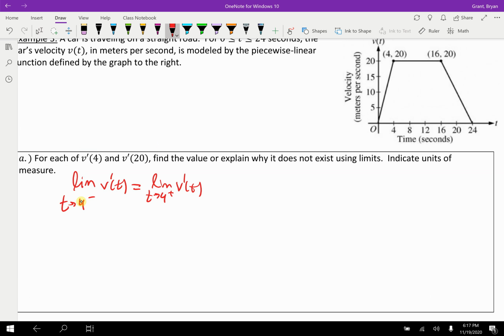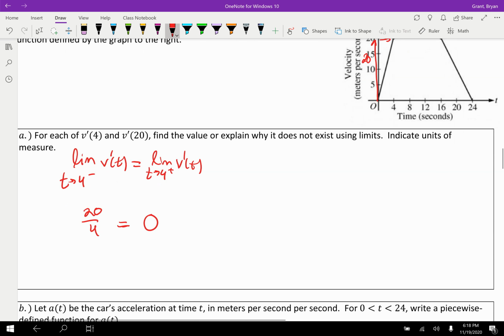All right, so from the left side, as we're approaching, we're just on this steep slope, which has a constant slope. It's a line. So I'm just going to count. Looks like we go up 20 and then over 4. So the left side of the line has a slope of 20 over 4. The right side is just a horizontal line. The right side has a slope of 0. And I'm very confident those are not equal, but we might as well reduce and get 5 equals 0.